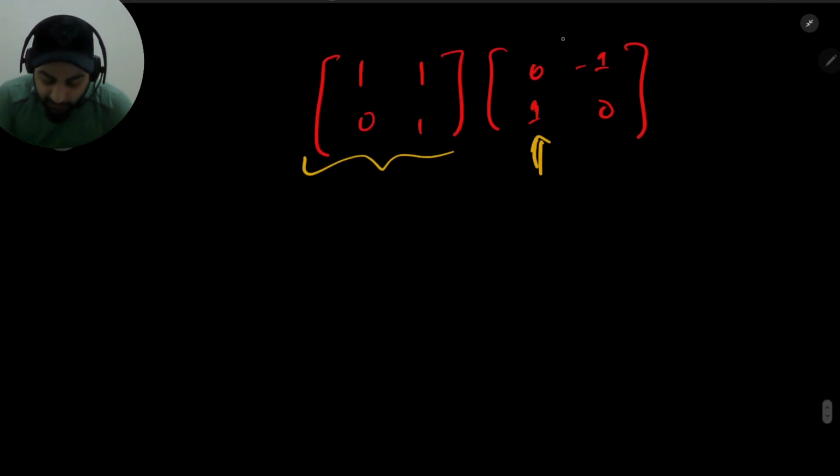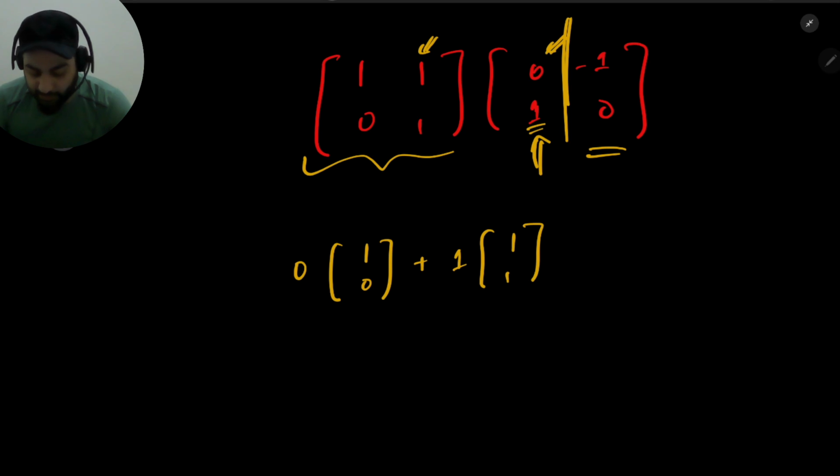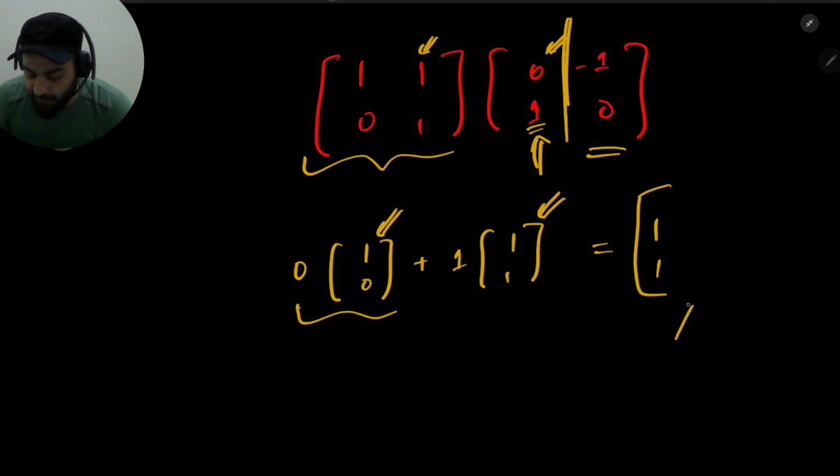We'll take this 0 and multiply it with the whole column, 1 0, plus we'll take this 1 and multiply it with this, so 1 multiplied by 1 1. We are just taking this vector, as if this does not exist till now. So we'll get 1 1, because this will be multiplied with 0 and we'll get 1 1. This will be the first column of the composition matrix.